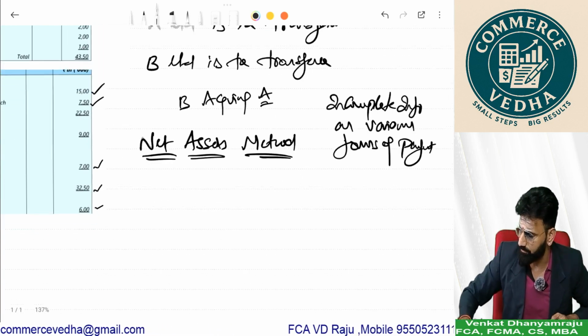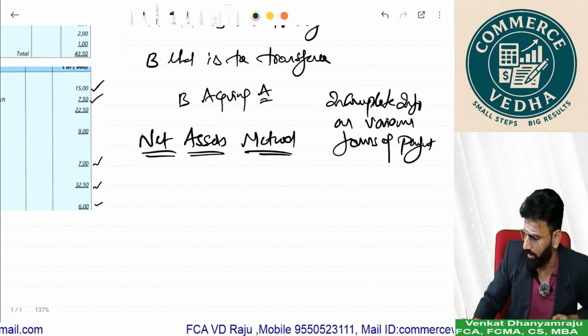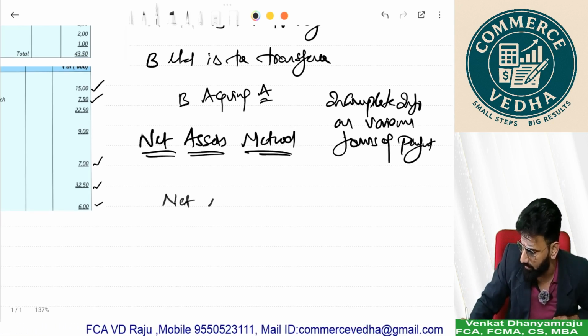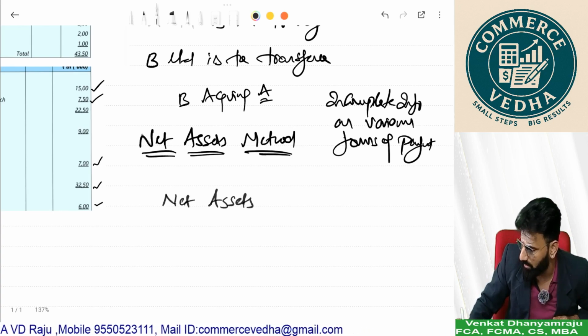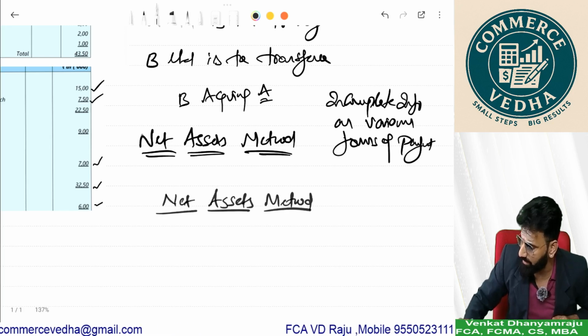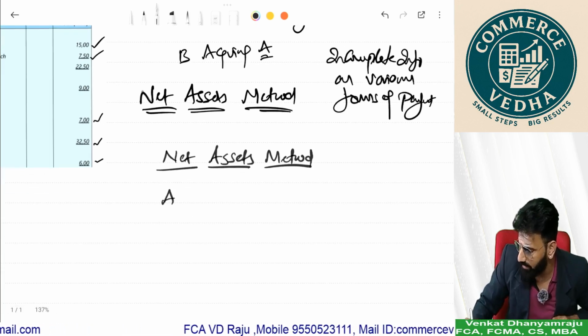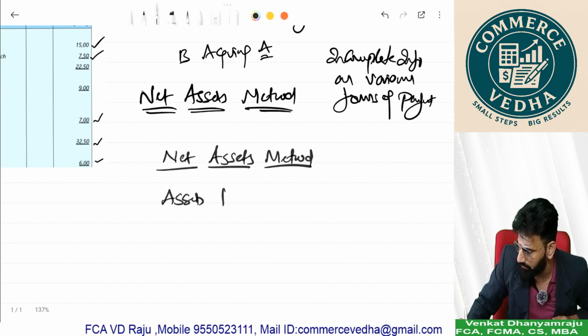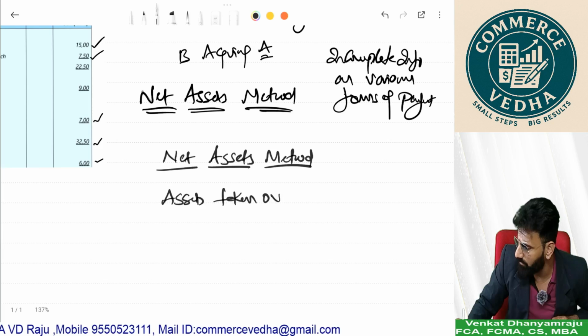Now what should we do? Net assets method. In the net assets method, what we should first say is assets taken over.